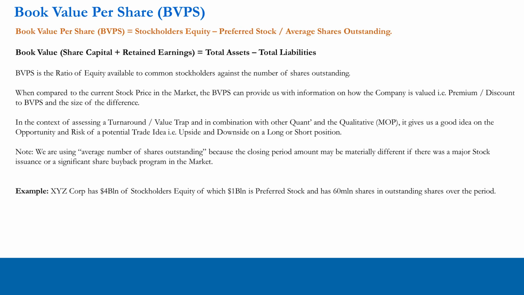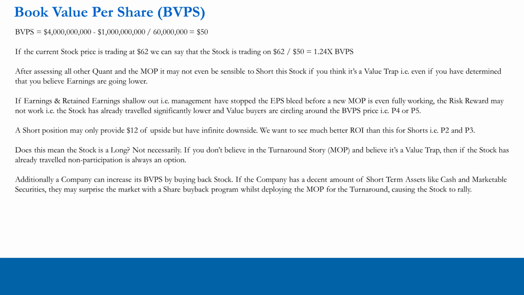So our book value per share would be calculated as 4 billion minus 1 billion, so the 3 billion divided by 60 million shares. That would give us a book value per share of $50. Now, if the current stock price is trading at $62, we can say that the stock is trading on 1.24 times book value per share.